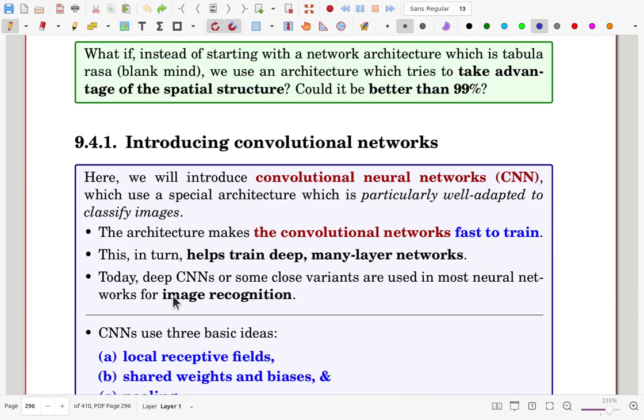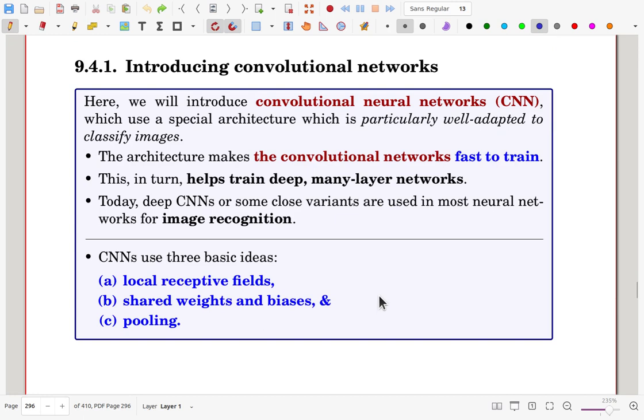Today, deep CNNs are used in most neural networks for image-based recognition and classification. CNNs use 3 basic ideas: local receptive fields, shared weights and biases, and pooling. Let's consider them one by one.